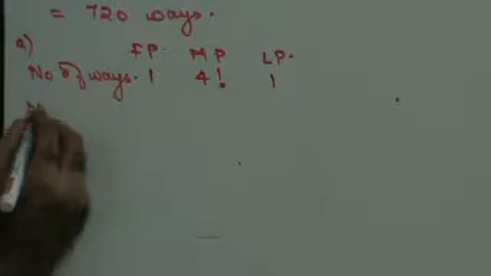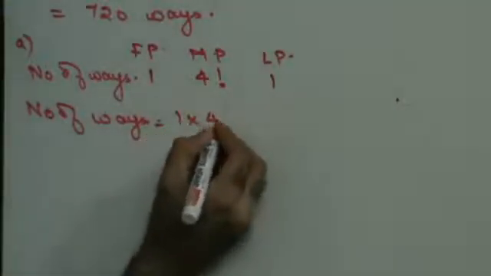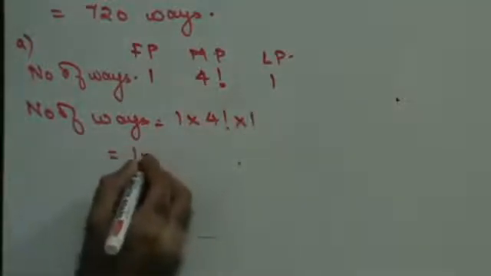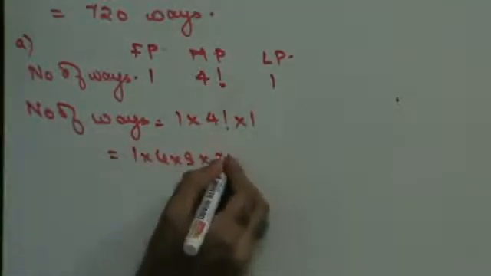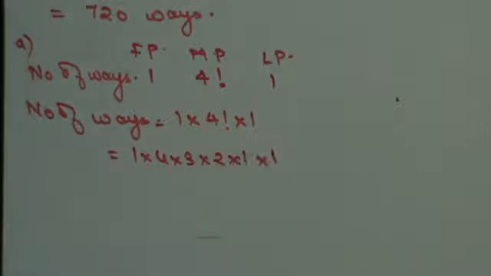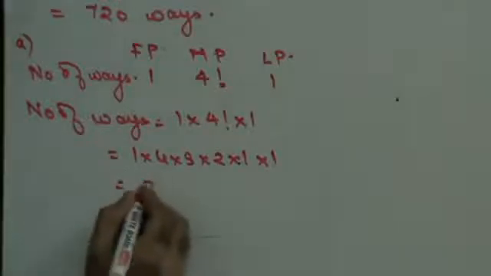So number of ways is 1 into 4 factorial into 1. 1 into 4 into 3 into 2 into 1 into 1. That's how you solve factorial. 4 factorial means from 4 to 1 go on multiplying. So in that case that will be 24 ways.